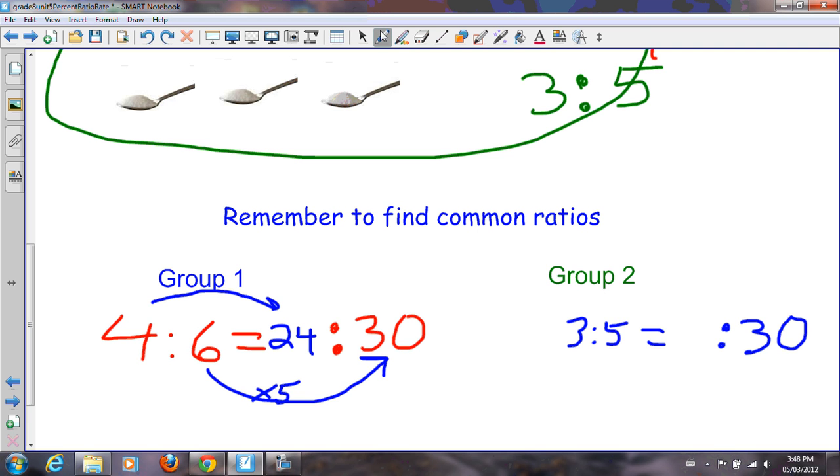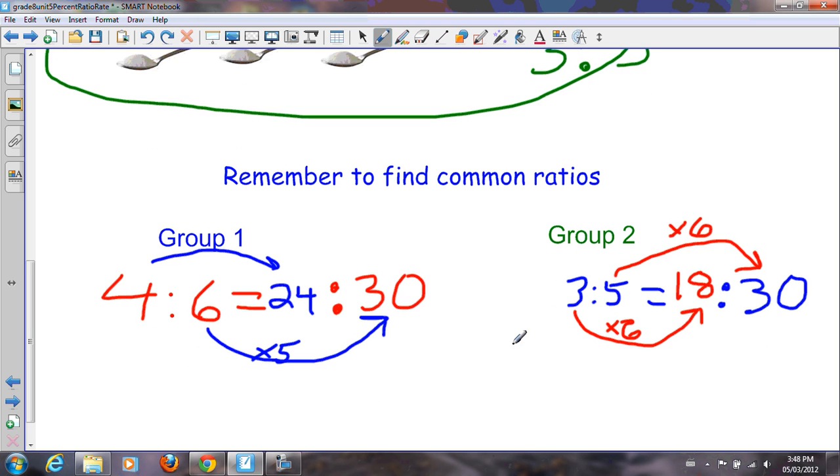Now when you went over and changed this one here to 30, what did you have to multiply it by to change it to 30? And the answer is 6. So you must do the exact same thing, of course, if you want to make an equivalent ratio. So I'd better times 3 by 6, and I will get 18 to 30.